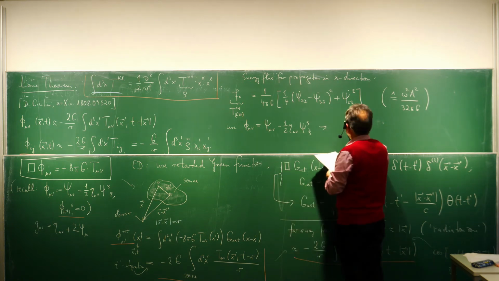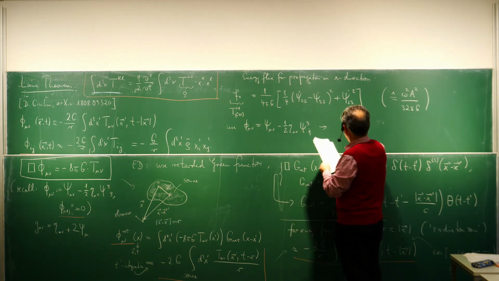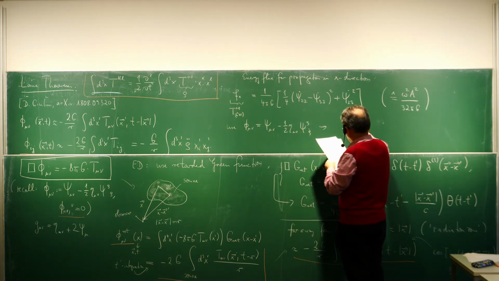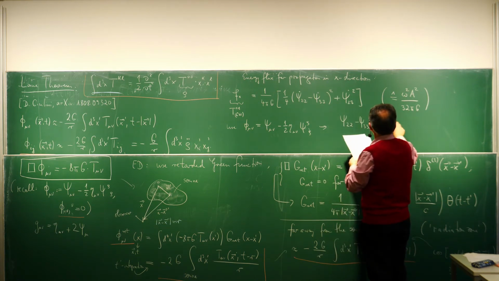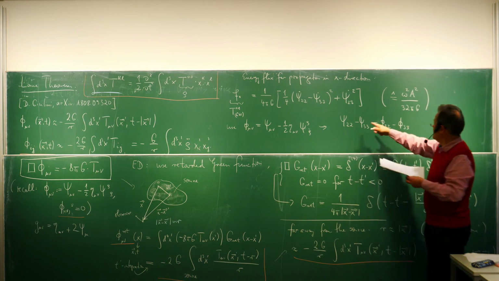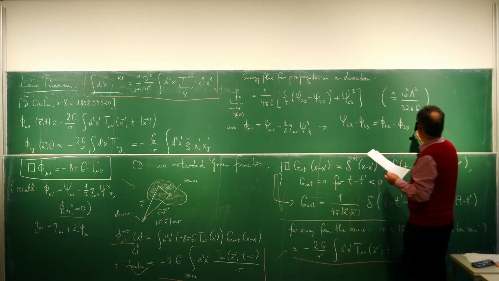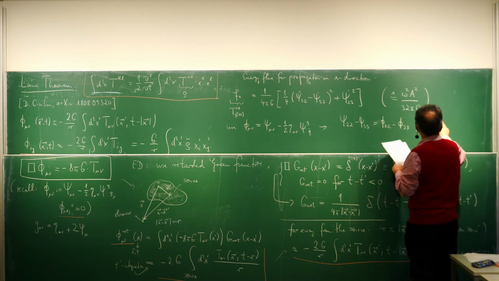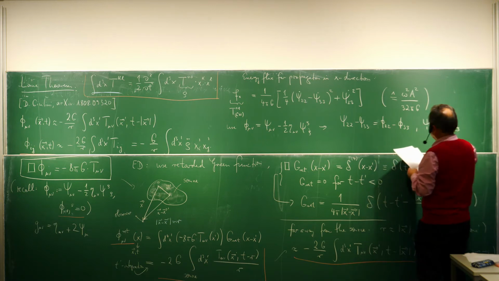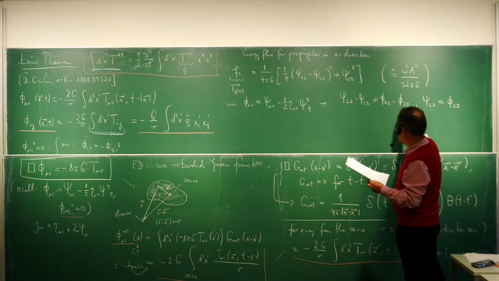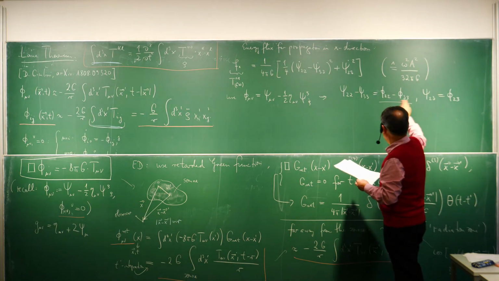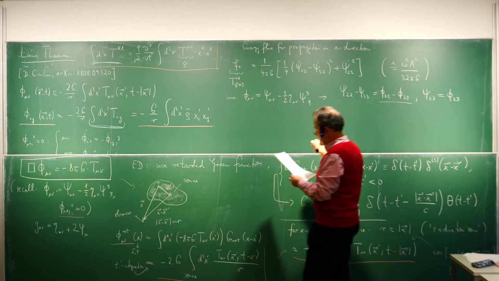And what you get here in particular is that for this case psi 22 minus psi 33 is the same as phi 22 minus phi 33, so they coincide, and also the components psi 23 is the same as phi 23. So those components coincide, so I can use directly this here to get this.